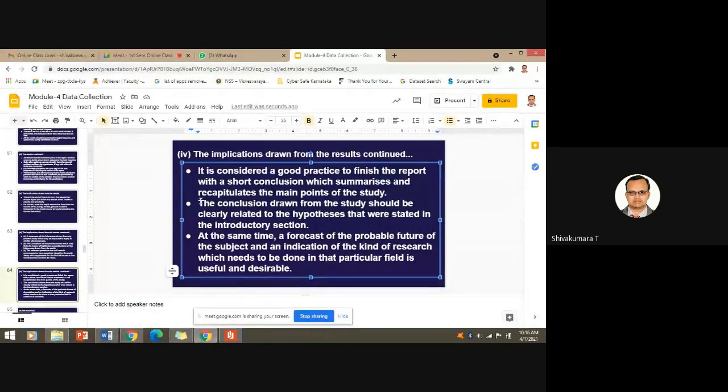At the same time, a forecast of the probable future of the subject and an indication of the kind of research which needs to be done in that particular field is useful and desirable. So usually you must give summarized information in the implications drawn from the results section.